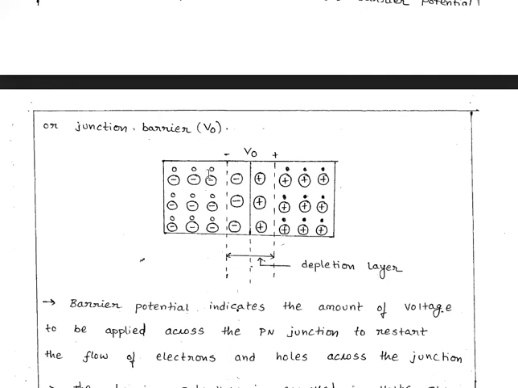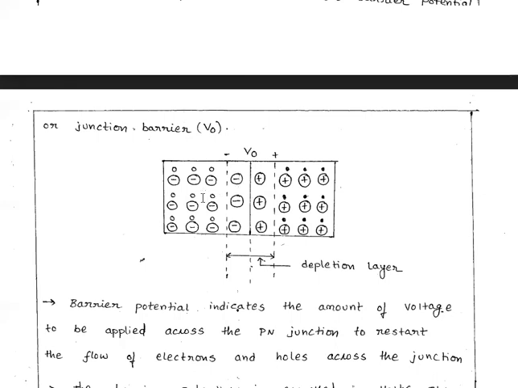If a hole further tries to move towards the n-type material, then this positive charge will oppose it. In a similar fashion, if an electron tries to move towards the p-type side, the negative charge formed will oppose it.